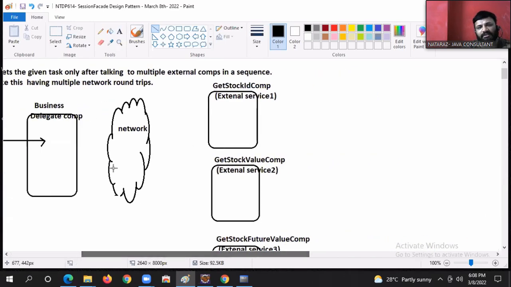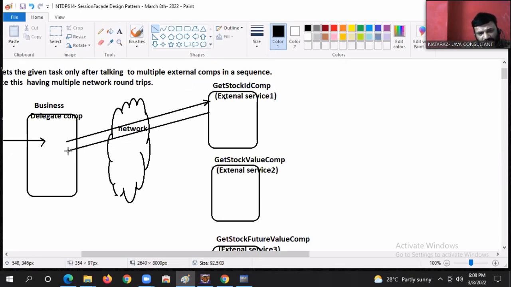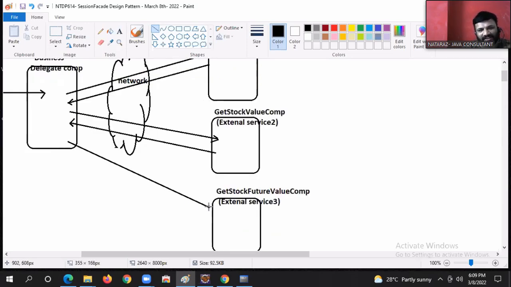This business delegate component talks with this, gets the stock ID.